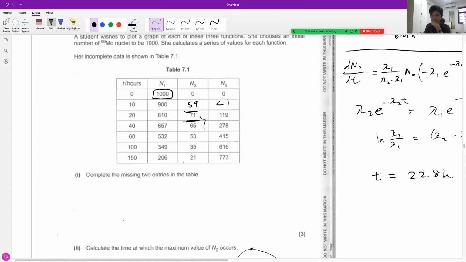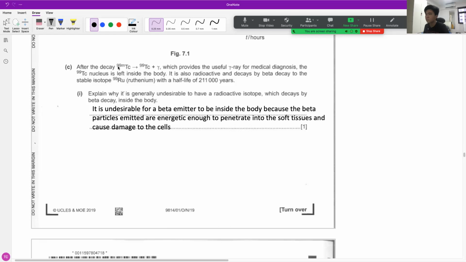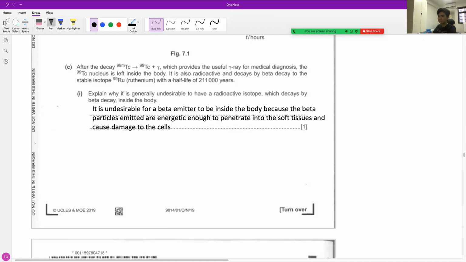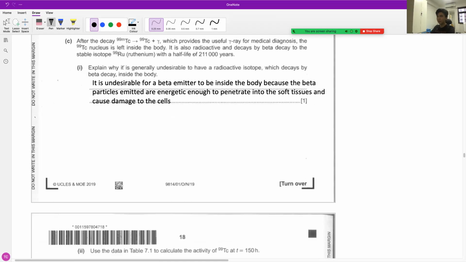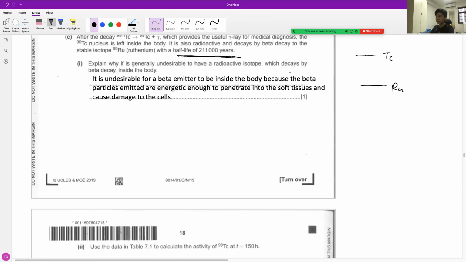Okay, so at 150 hours, I was trying to find the half-life. We're given the half-life of the decay, going from TC to ruthenium.